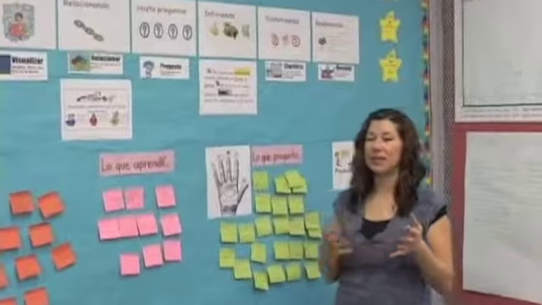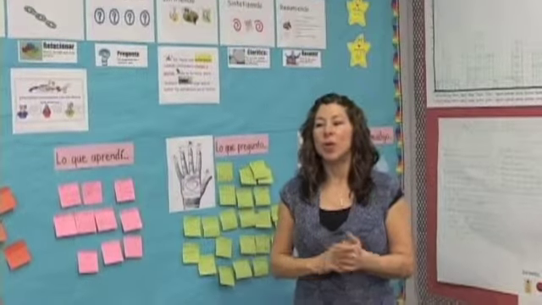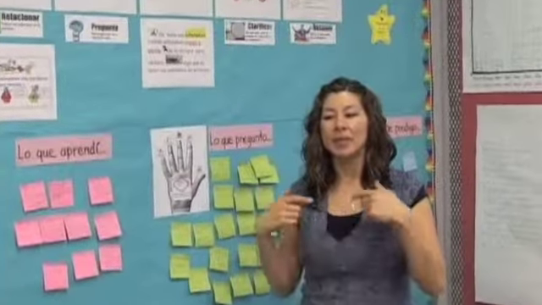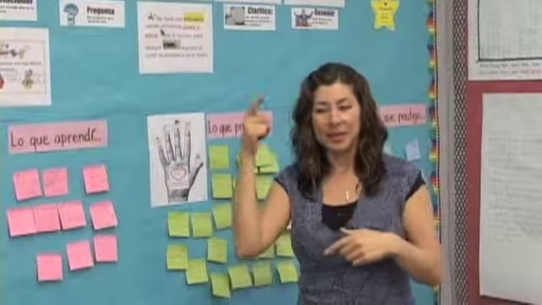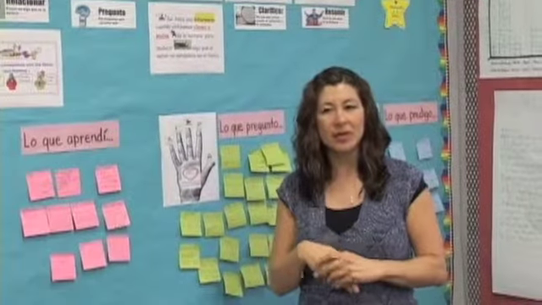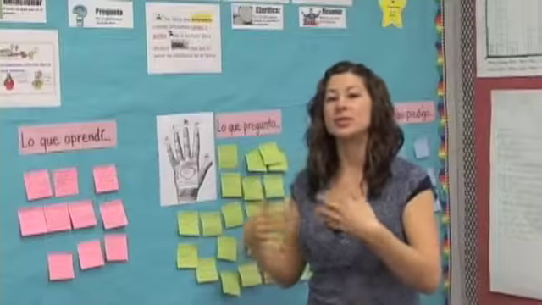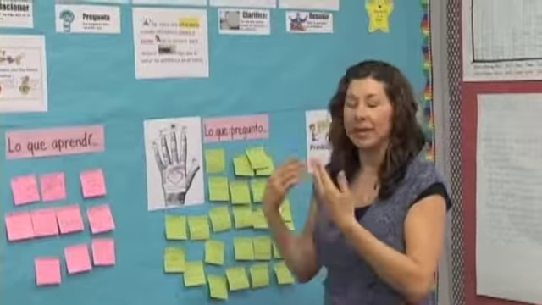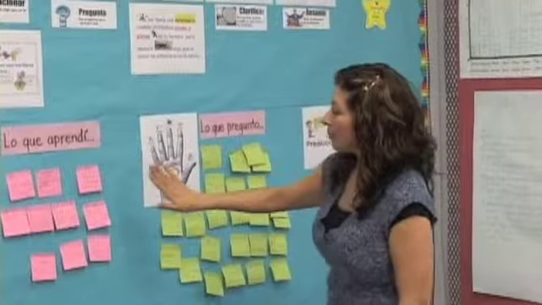A strategy that we use in the classroom is called think alouds. So while I'm reading to the students, I'm thinking aloud my predictions or questions that I'm asking myself. So I give that model to them so that when they're reading independently, they can also do the think aloud on the Post-its.